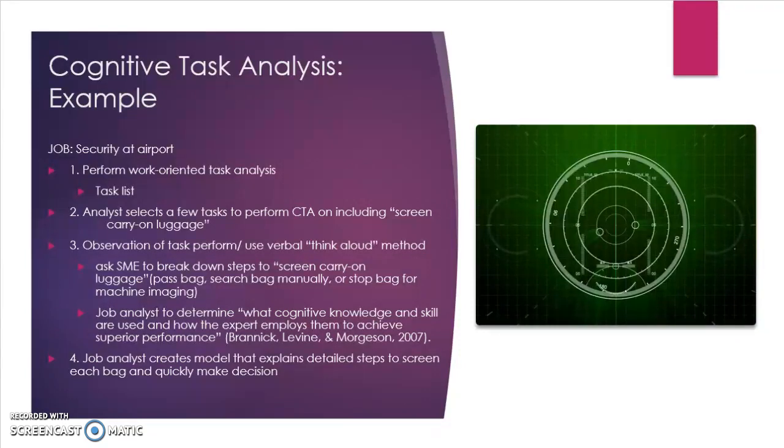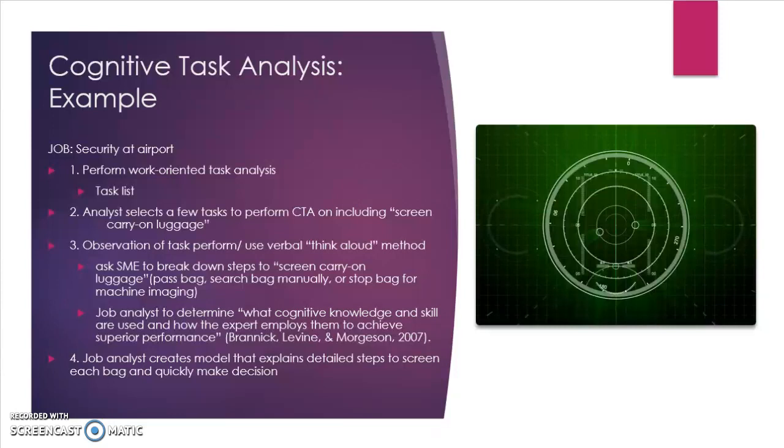The second step, the job analyst selects a couple of the tasks from the list that they want to perform a CTA on, which includes one item or task called screen carry-on luggage.